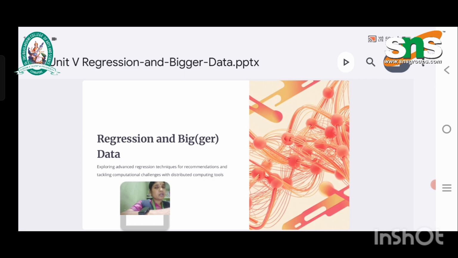The advantages are that it is easy to understand and robust to outliers, and the disadvantage is that variables may correlate with each other. These are the advantages and disadvantages of regression.